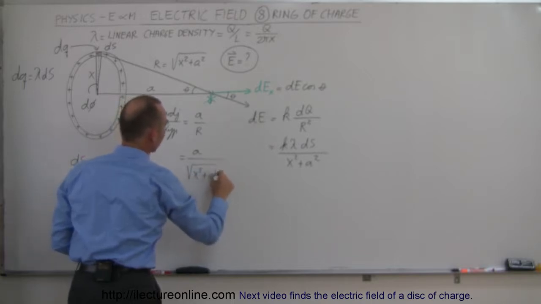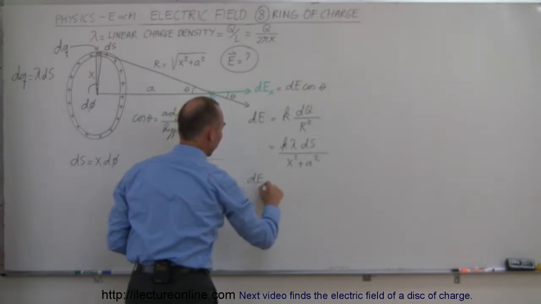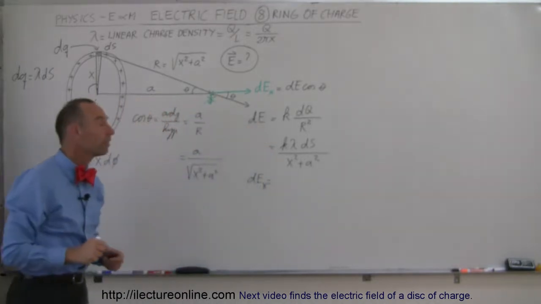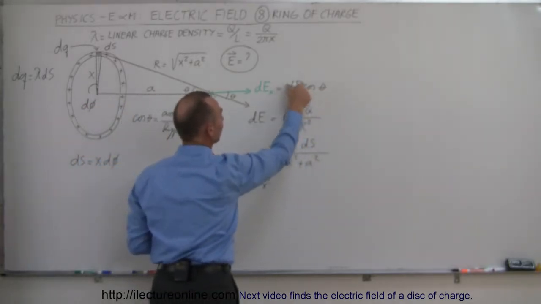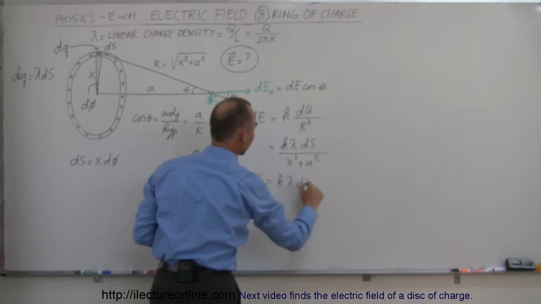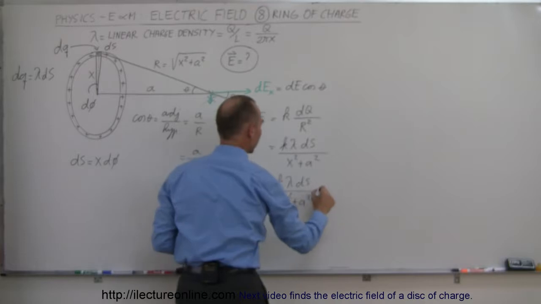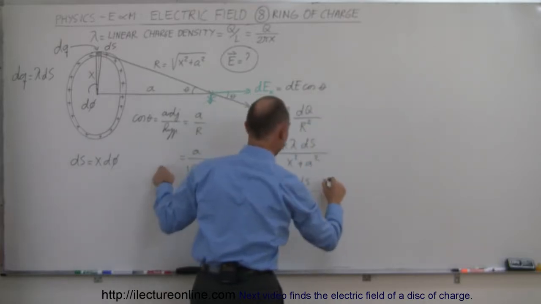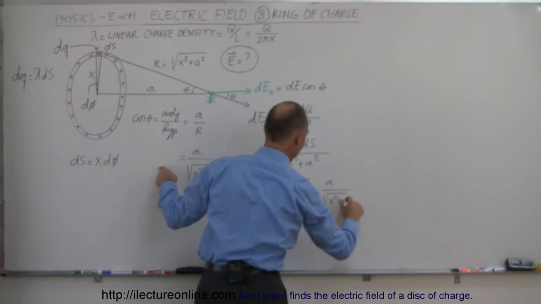And then, if I want to find dEx, only the x component of the small amount of dE, I simply multiply dE times the cosine of theta. dE is equal to this, so it would be k times lambda times ds divided by x squared plus a squared, and multiply that times the cosine of theta, which is equal to a divided by the square root of x squared plus a squared.